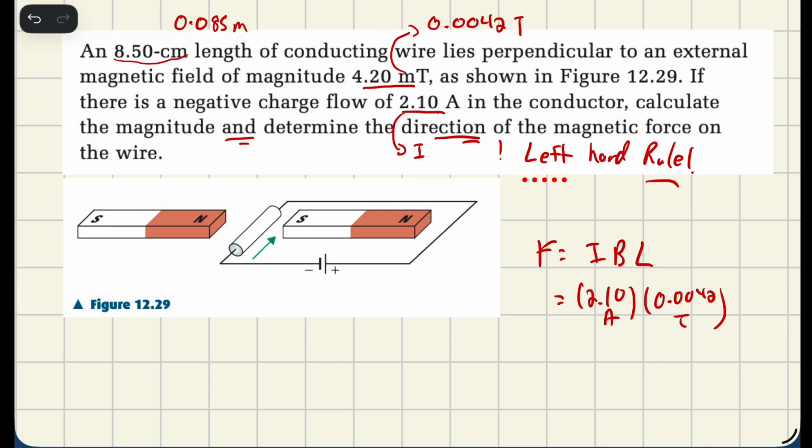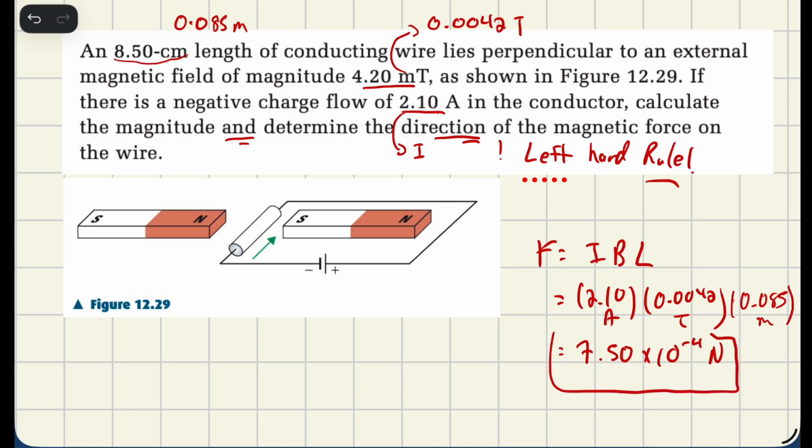And then we have the length of the wire, which is about 0.085 meters. And when we plug all of that in, we should be getting a small value of about 7.50, if I'm using significant digits, times 10 to the negative 4 newtons.